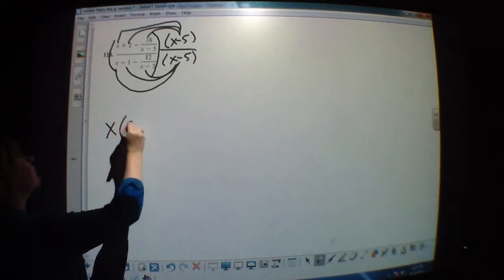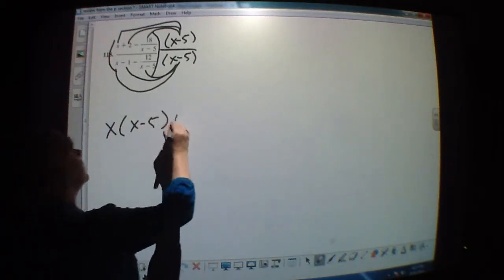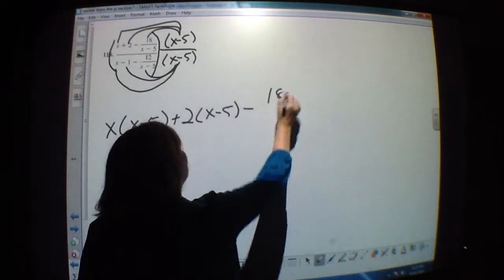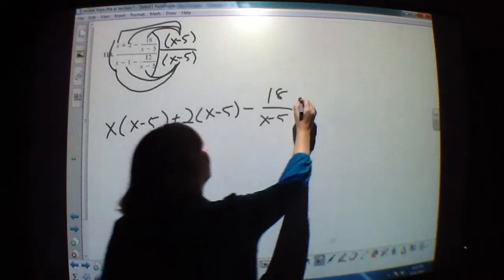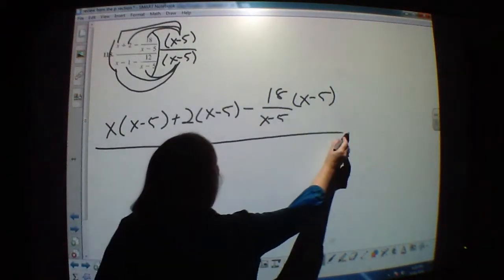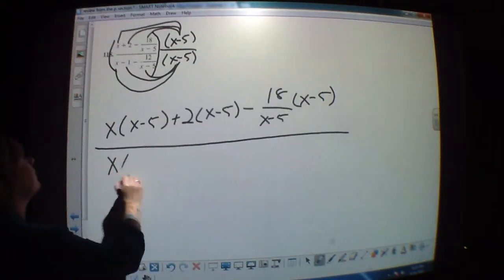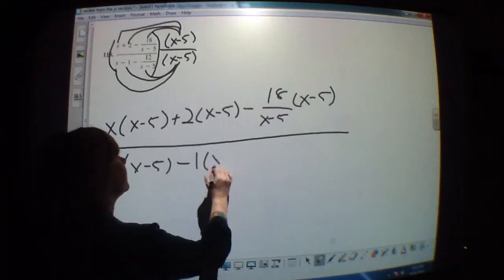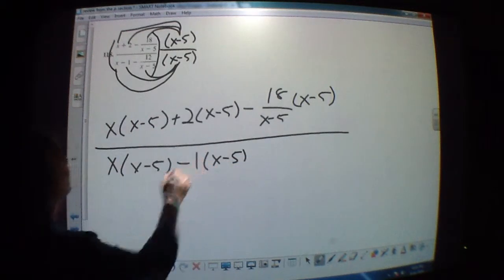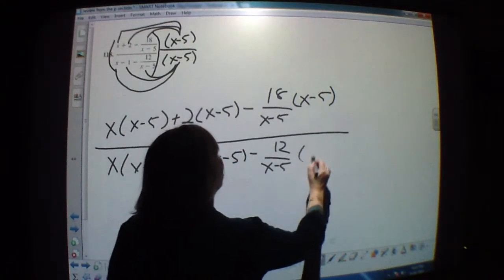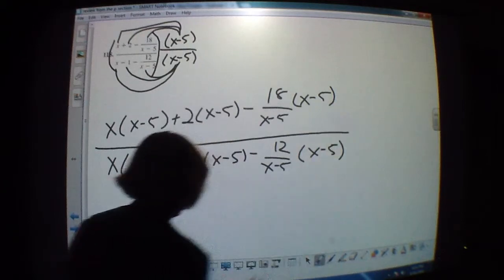So let me do that. I have x minus 5, plus 2 times x minus 5, minus 18 over x minus 5 times x minus 5. Denominator, I have x times x minus 5, minus 1 times x minus 5, and you don't need to write that 1 there, minus 12 over x minus 5 times x minus 5.